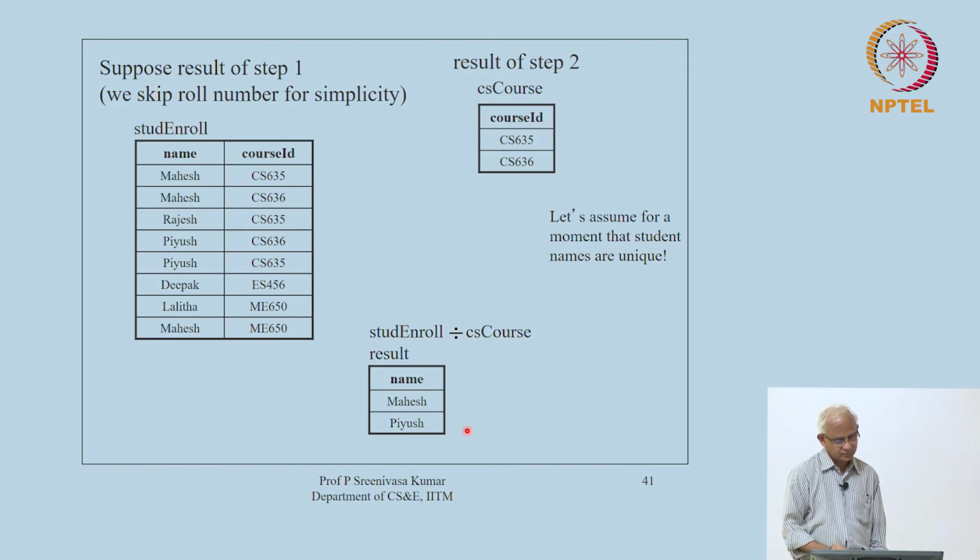The only man left out is Rajesh. He has not done all the courses. Okay, so you get the point. This is for special situations where you want to check whether a set of data combines with every tuple in another relation; you basically use the division operator.